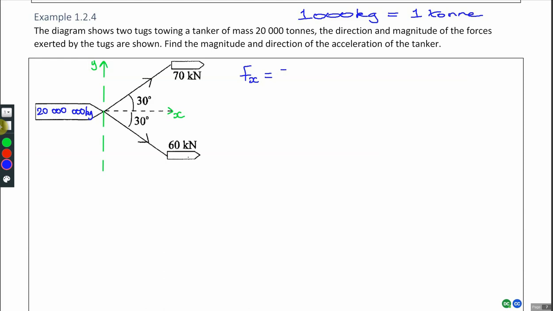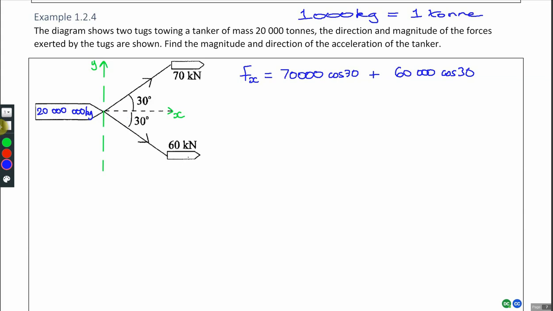So that'll be 70,000 cos 30 plus 60,000 again cos 30. The angle is adjacent to the direction in both cases, so cos in both cases.